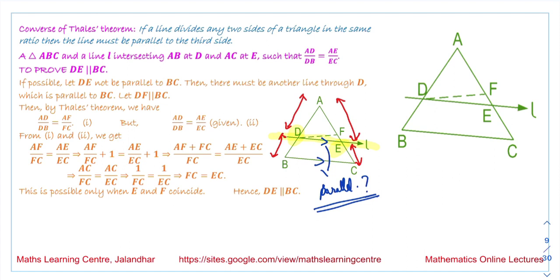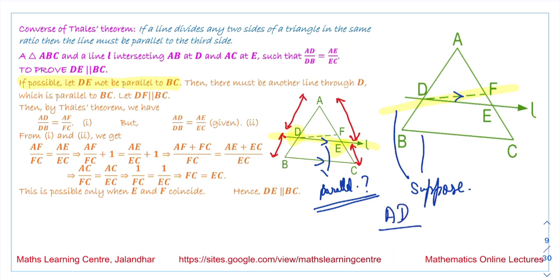So suppose we have that DE is not parallel to BC. We are saying these two lines are not parallel. Then we can draw a line through D which is parallel to BC, and suppose this line DF is parallel to BC.